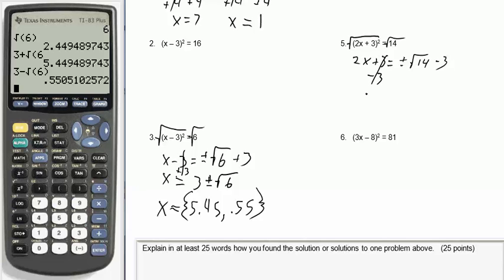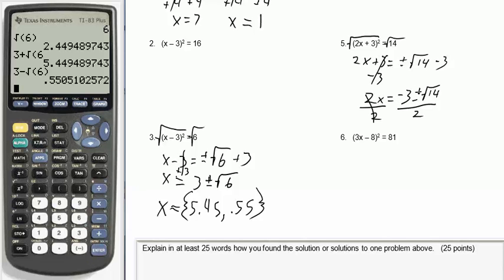So normally we would write 2x equals, we normally put this one first. I don't know why they do that, but they do. Minus 3 plus and minus the square root of 14. Then we are going to divide both sides by 2. And x equals negative 3 plus and minus the square root of 14 all over 2.